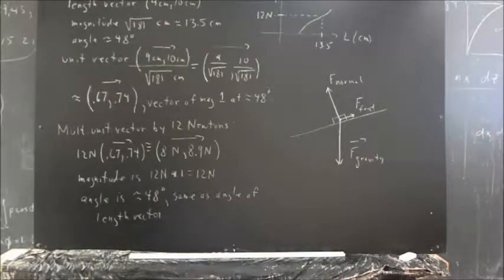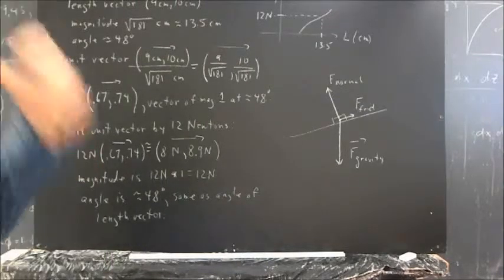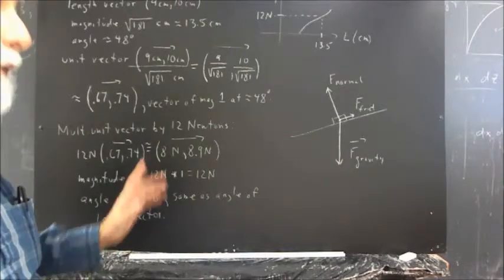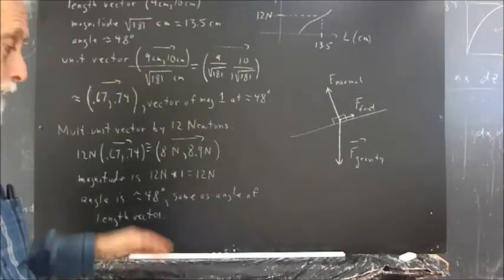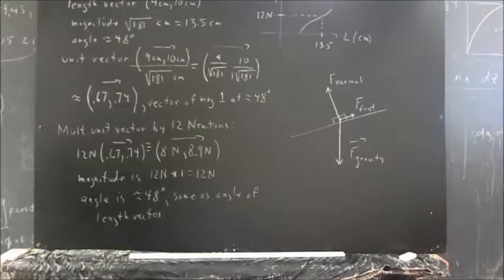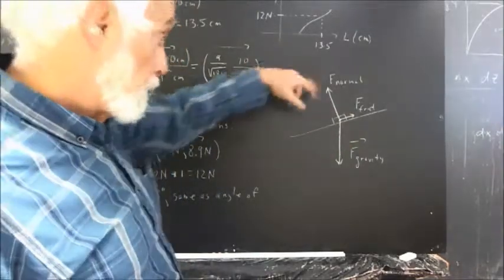And that indicates that the ramp, or in this case the meter stick, was exerting a force when it sprang back that was perpendicular to its surface. Now that sort of force is called a normal force.